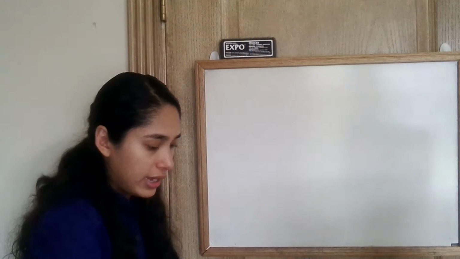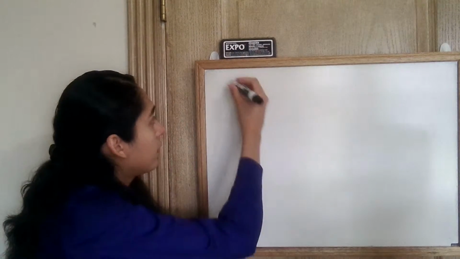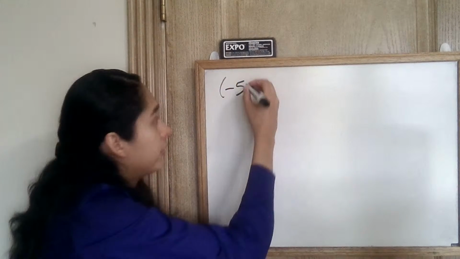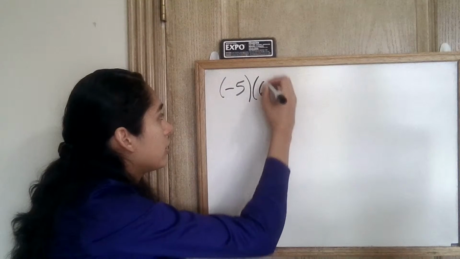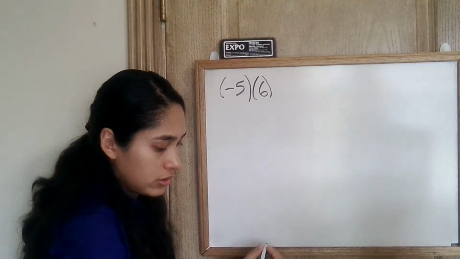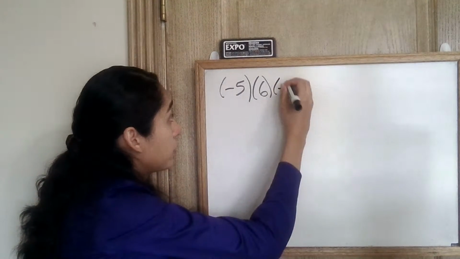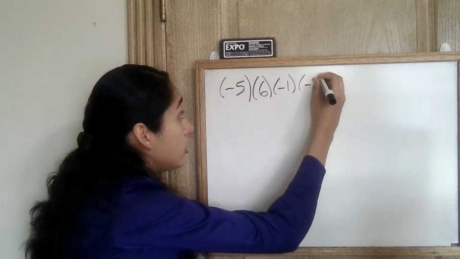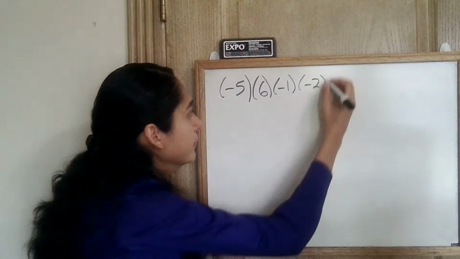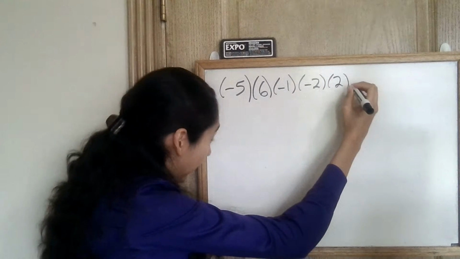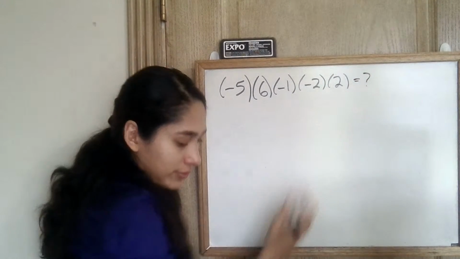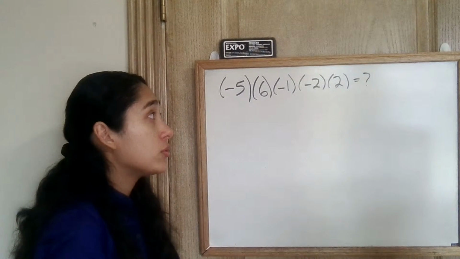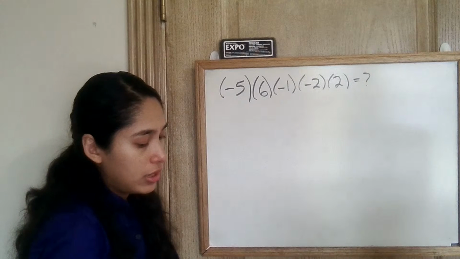So let's say we have negative 5 times 6 times negative 1 times negative 2 times positive 2. What is it equal to?